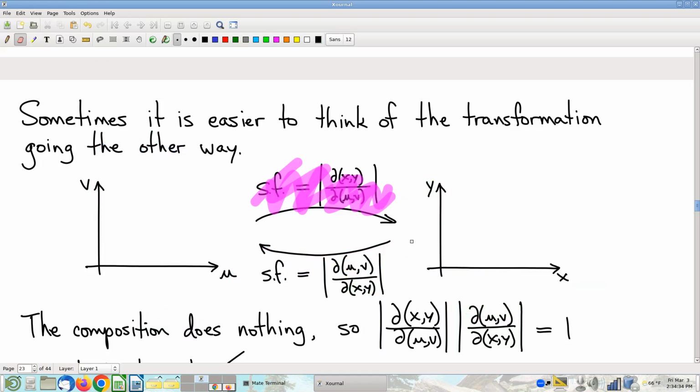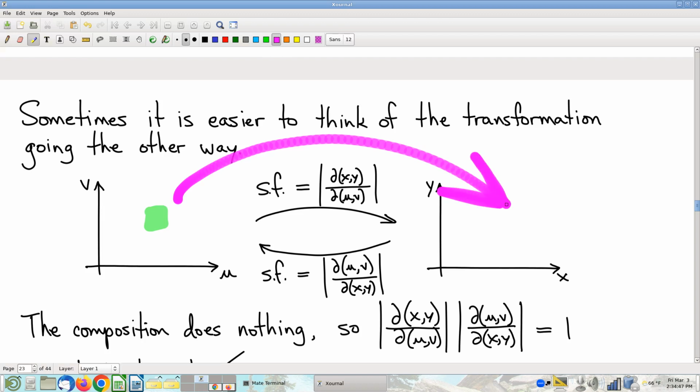And now I argue as follows. If I had some little piece of area over here, and if I push forward, I don't know what area that will be, but then if I immediately also come back, altogether, this little green piece of area, go forward, you come back, it's the exact same little green piece of area.